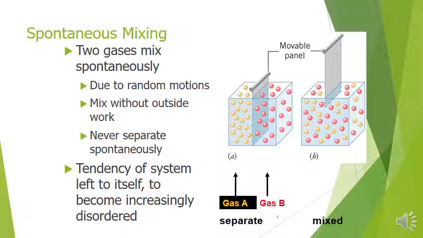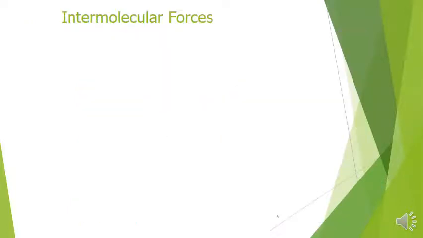So the key thing here, which we will get into when we get to entropy, is the system goes from being ordered, two separate sets of particles, to being completely disordered. And when we talk about entropy, nature always moves to becoming more disordered. And that's a big thing in this part of chemistry.